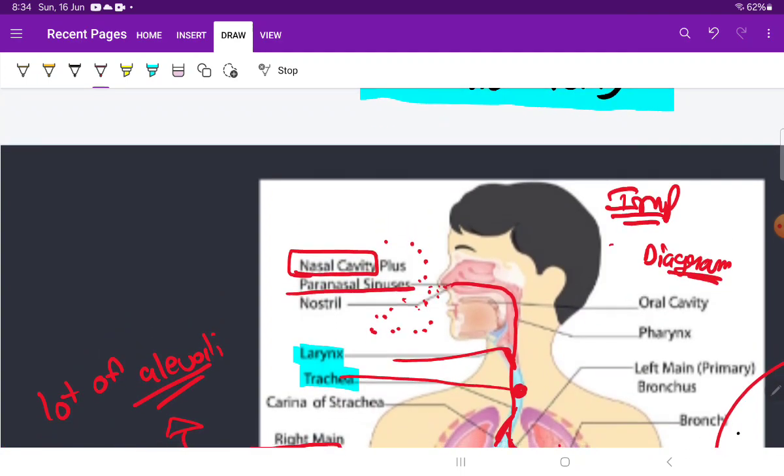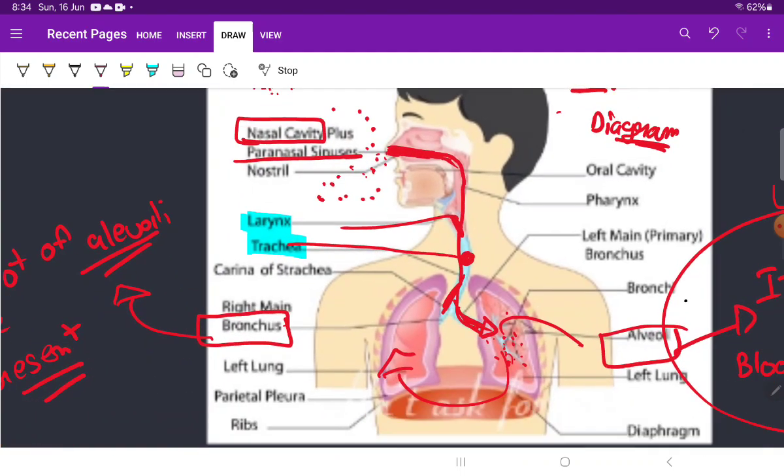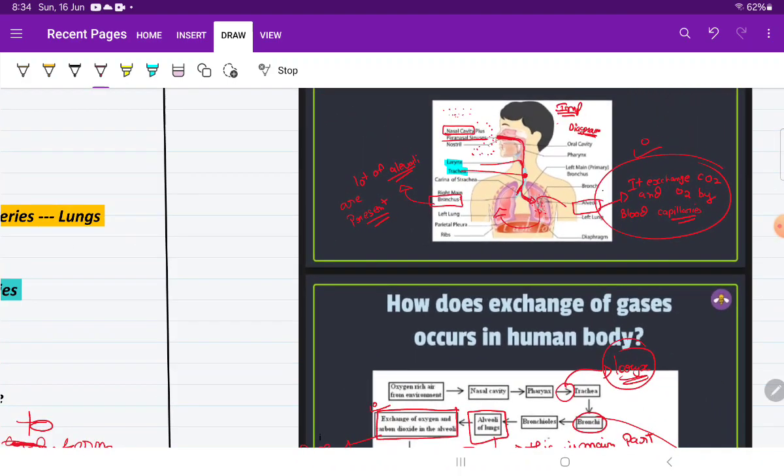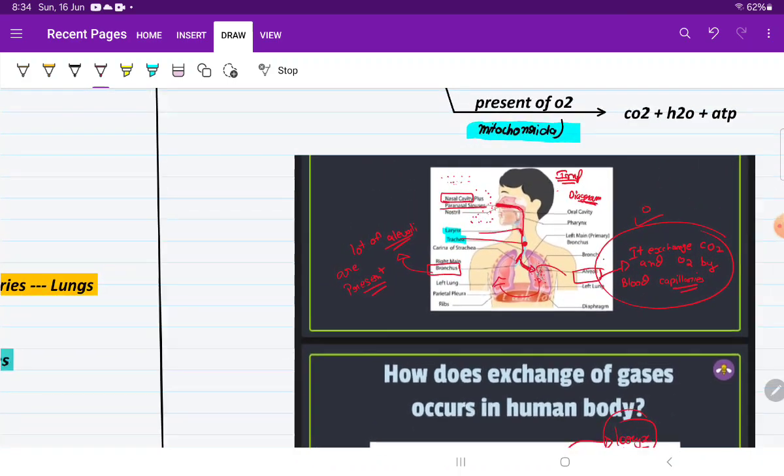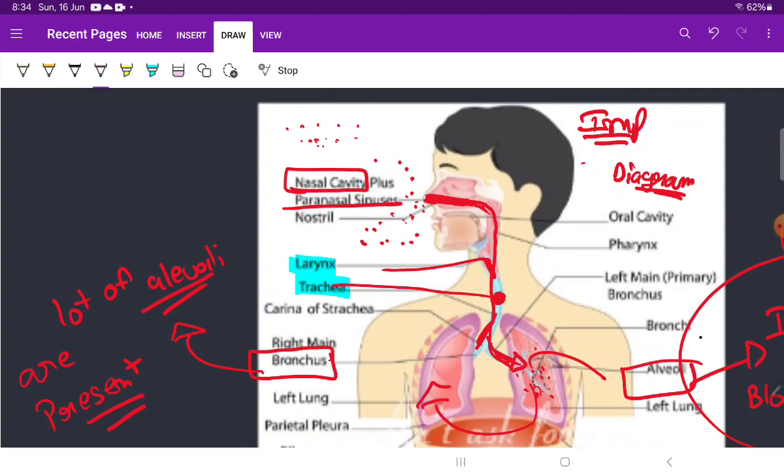First of all, the air that is present in our surrounding will enter our nose. First of all, there is a nasal cavity in our body. Then through the nasal cavity, it is transferred to the pharynx.